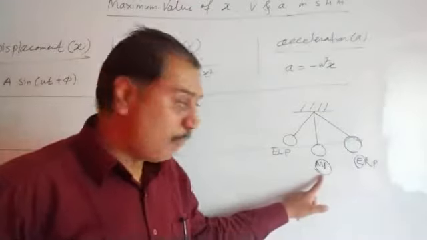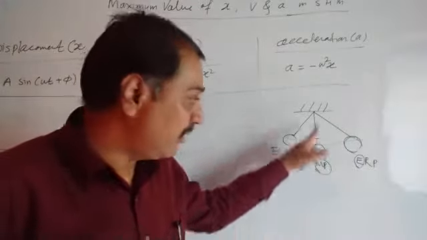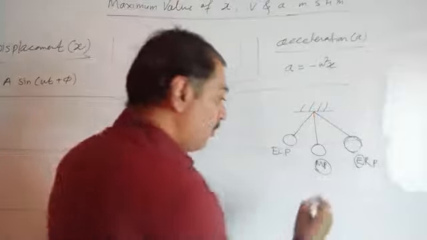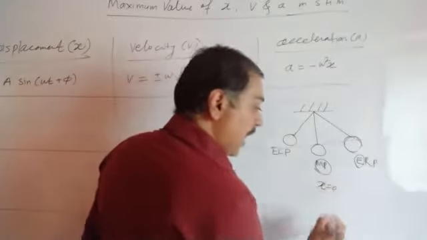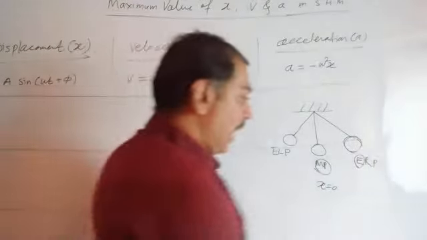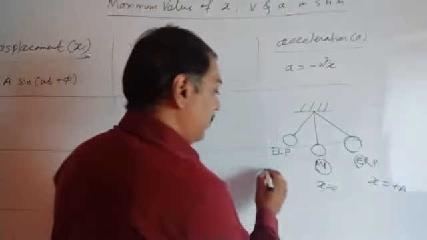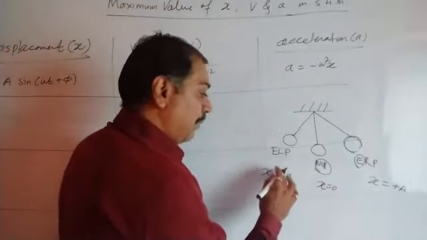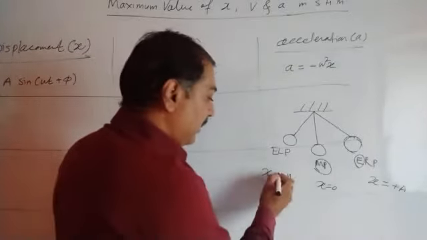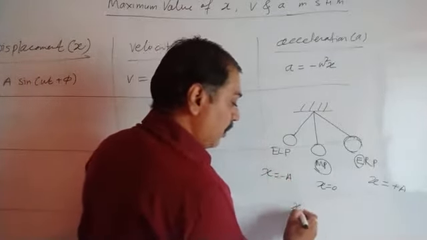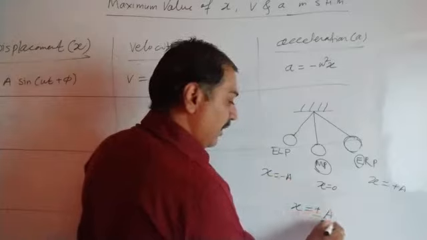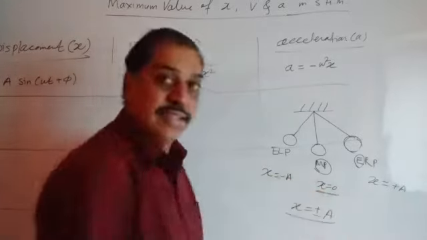What is the displacement at mean? It is 0, because it is the initial condition of the pendulum. So x equals 0 at mean position, x equals plus a at the right, x equals minus a at the left. Or we can say at extreme position x equals plus minus a, and at mean position it is 0.